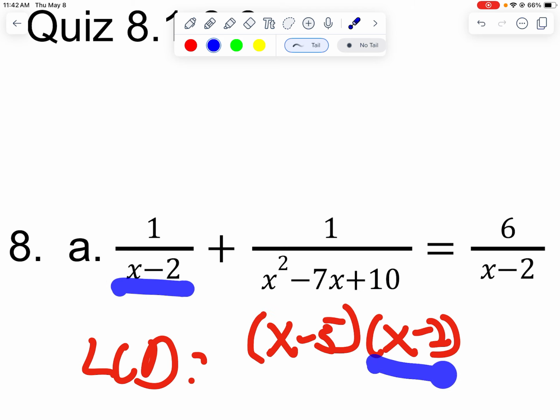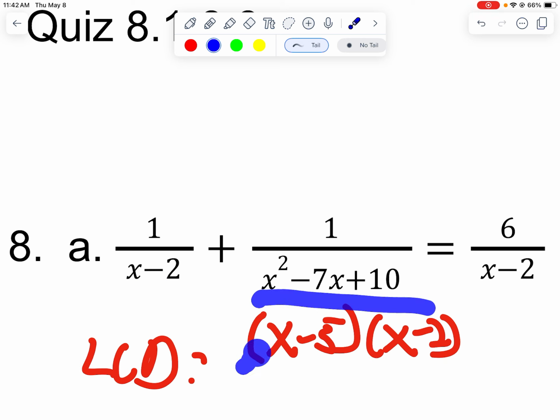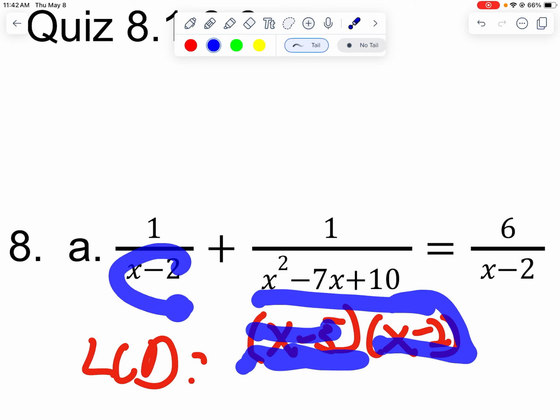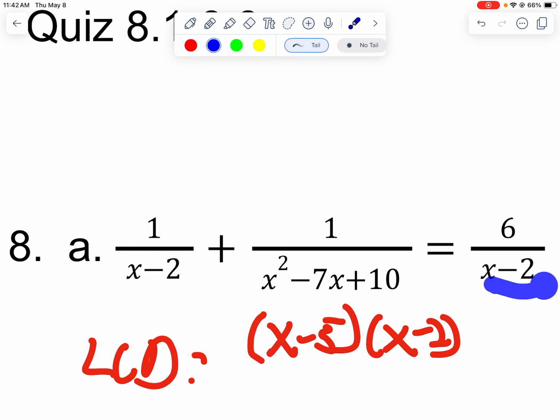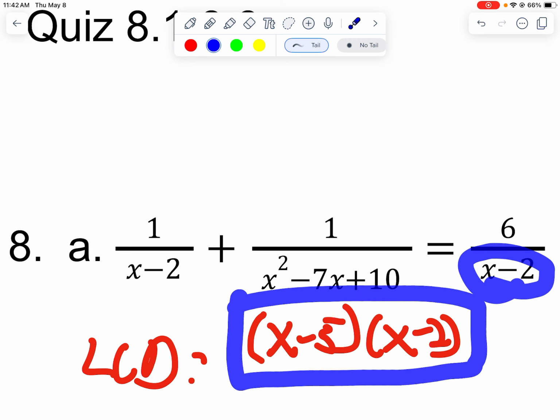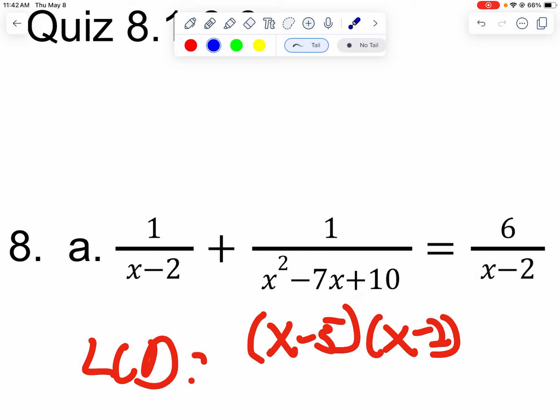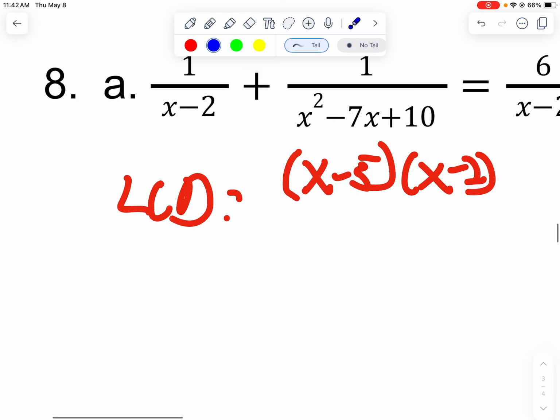We see an x minus 2, we write x minus 2. Here with this in factor form, we see an x minus 5, we write it. And then we already see the x minus 2 from here, so we don't write it again. And here's another x minus 2. So the LCD is just the factorization of that: x minus 5 times x minus 2.